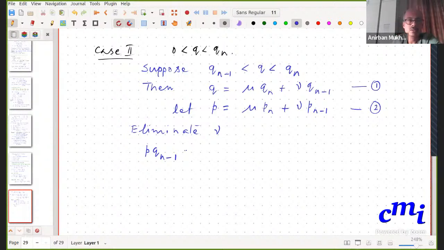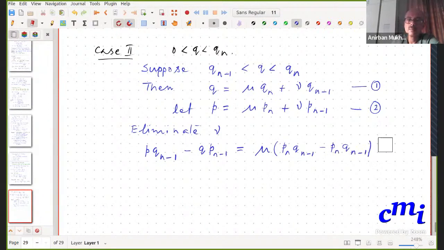And then subtract. So we would get q p n minus 1 minus p q n minus 1, equal to mu times the same thing, p n q n minus 1 minus p n minus 1 q n. But we know what the thing in the bracket is.